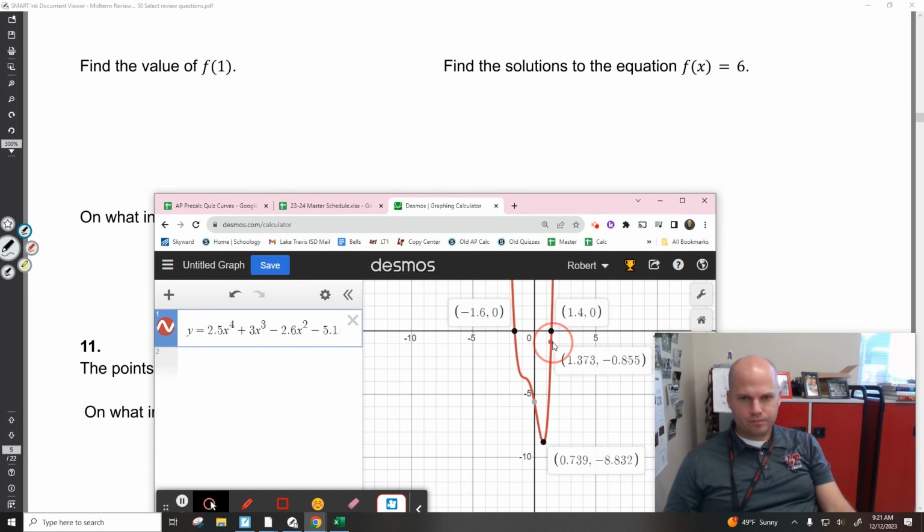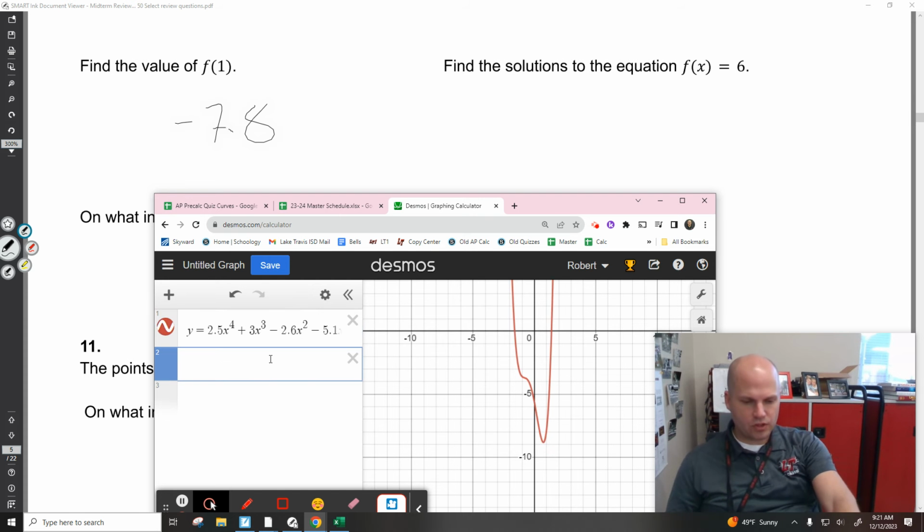f of 1 is -7.8. When is f of x equal to 6?